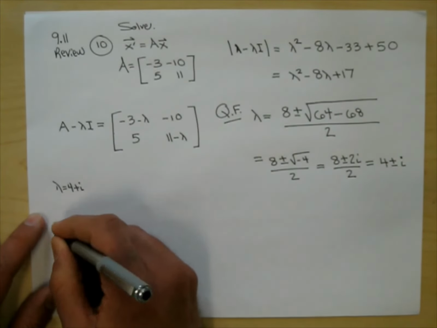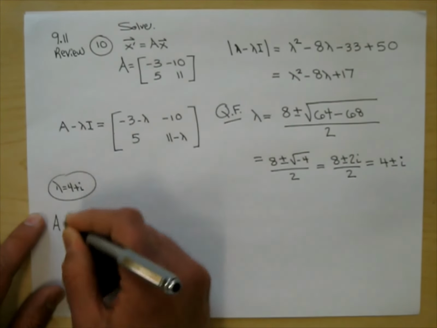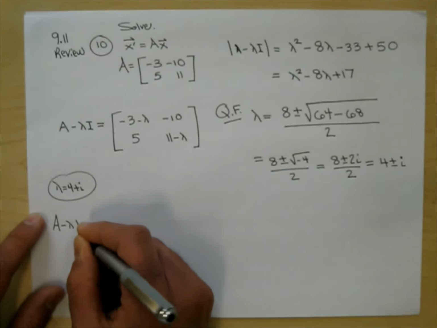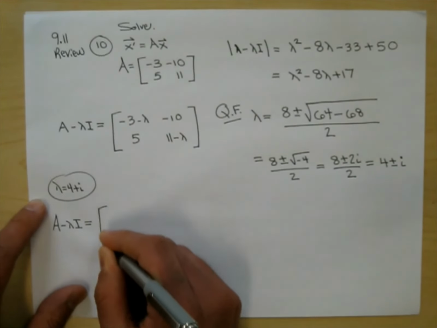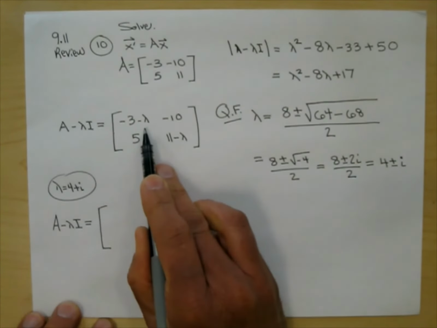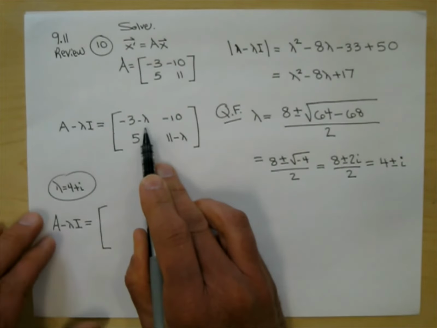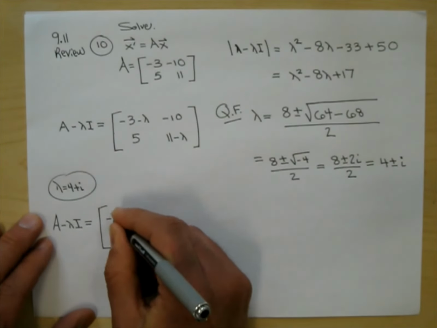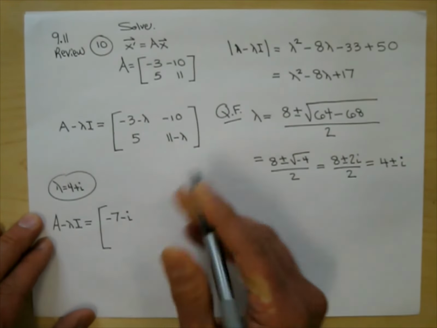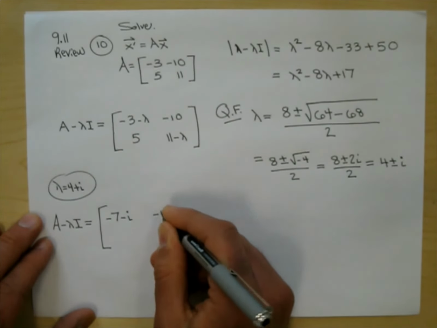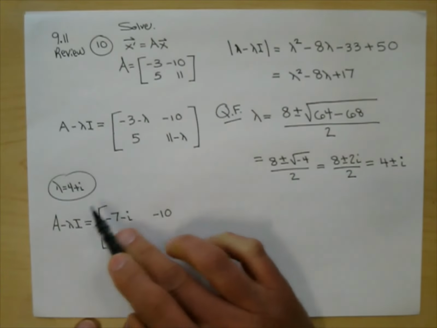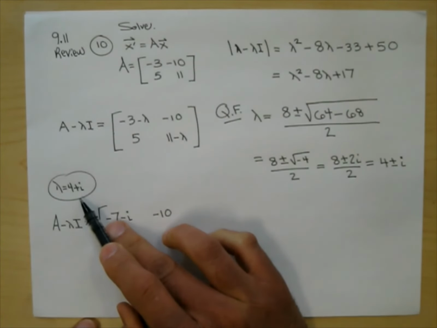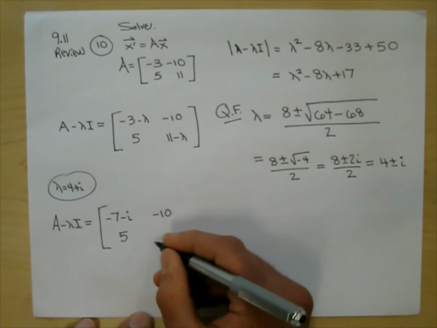Let's go ahead and write out the A minus lambda I matrix now. So I'm putting 4 plus i everywhere where lambda is. This is going to give me a negative 7 minus i. Then I have negative 10, positive 5, and then we go 11 minus this. So this is going to give me a 7 minus i.